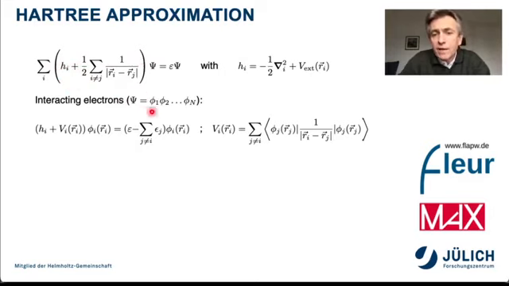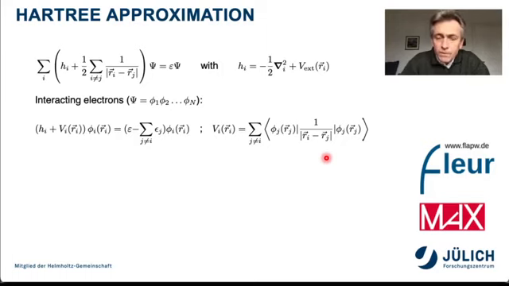And now if I insert my product wave function, then immediately I arrive at a complicated system of coupled differential equations, which individually look like a single-particle Schrödinger equation here, but for every wave function I have a different potential that arises from all the electrons except the one electron that I actually want to describe. And this makes the Hartree approximation actually rather complicated.